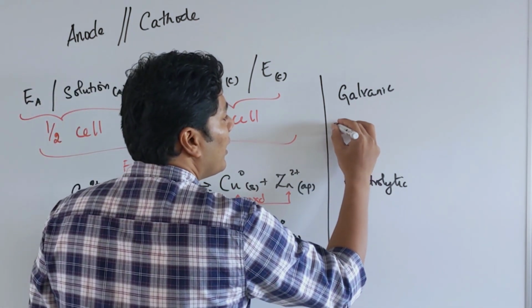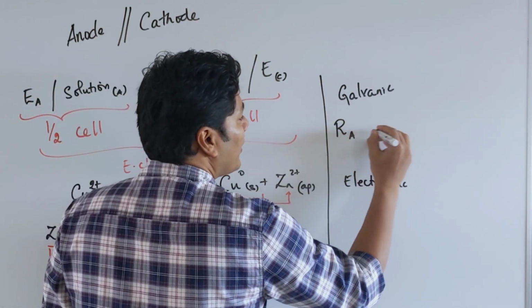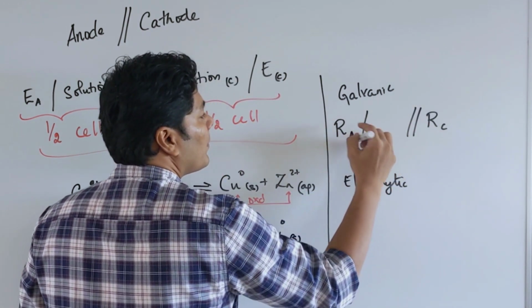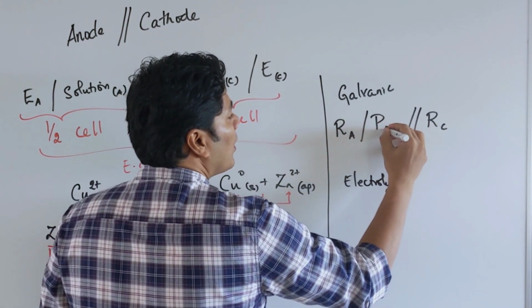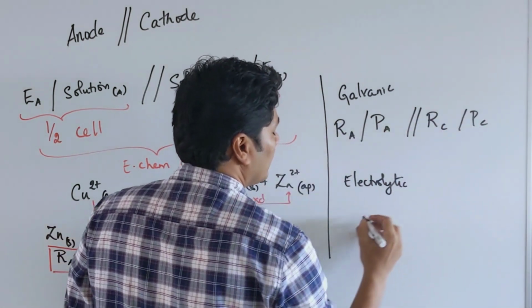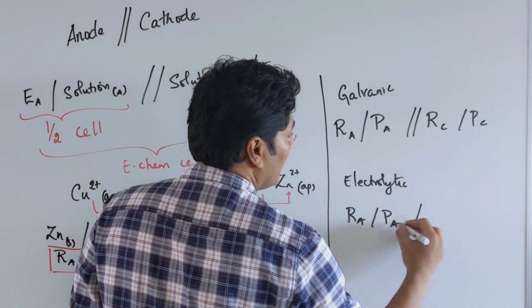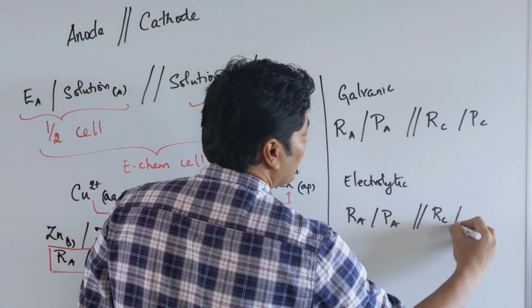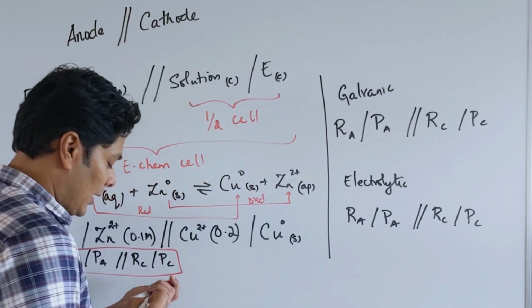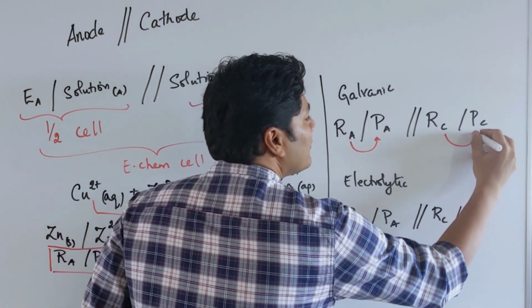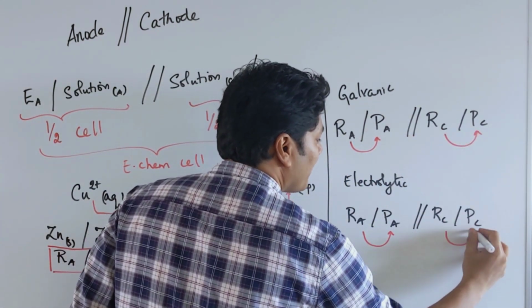So your reactant anode reacts with reactant cathode to give you product anode, product cathode. Very simply, the reaction is this gives you this, which is the same in both cases.